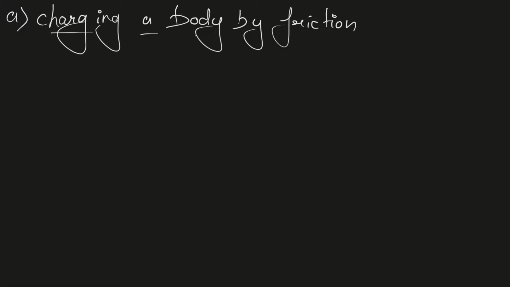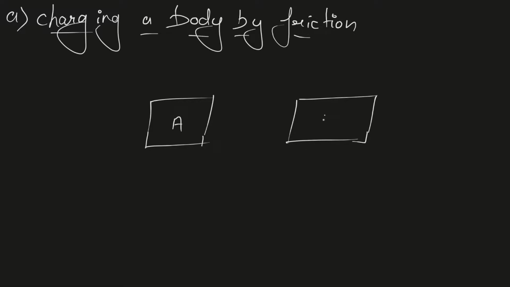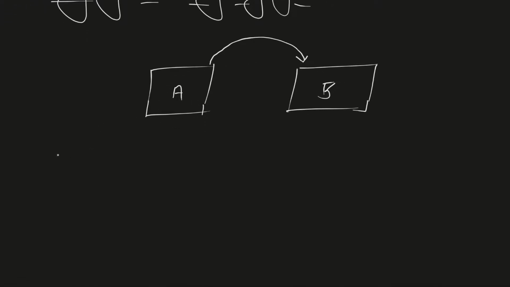Simply, in the friction case, let's suppose we have two bodies, a body and some other body. If we rub the two bodies, then there is a transfer of charge, a transfer of electrons, not protons, because the protons are in the lattice itself, and there is only transfer of the electron.